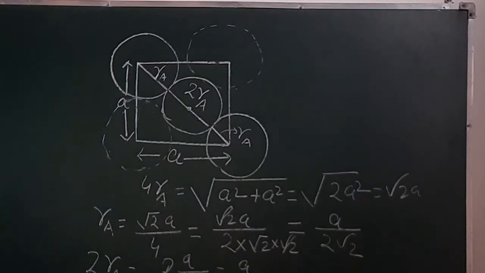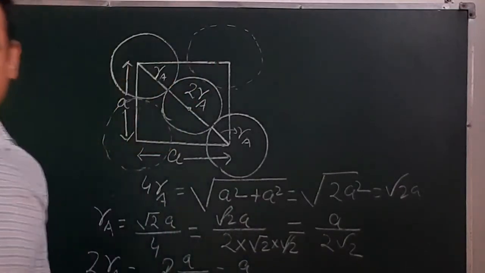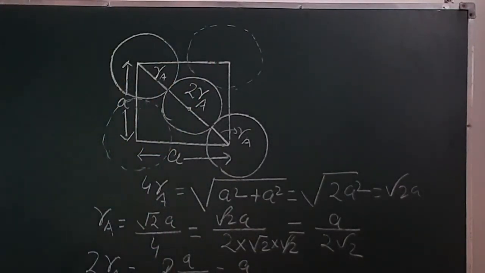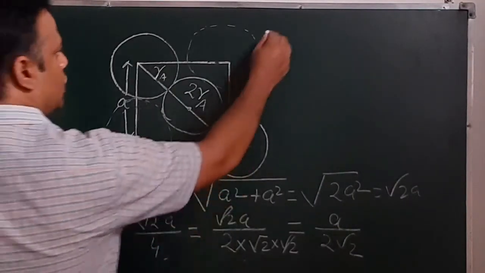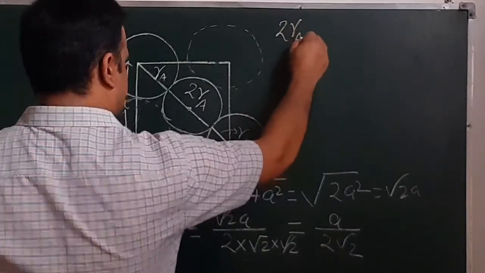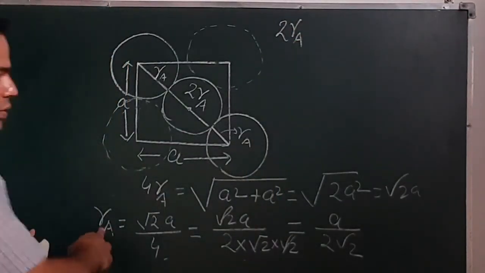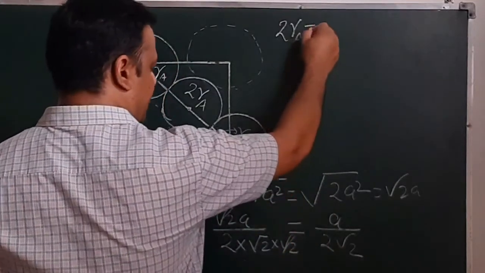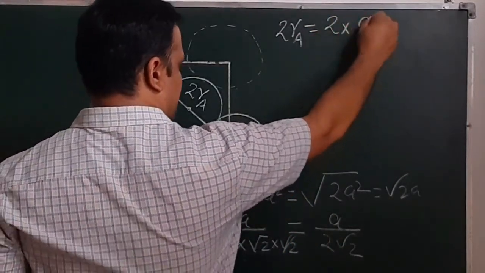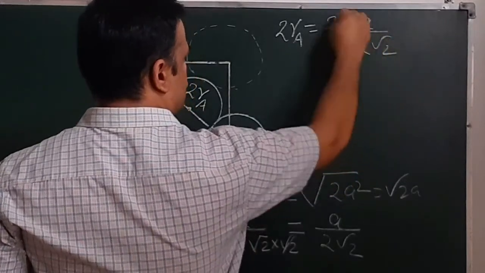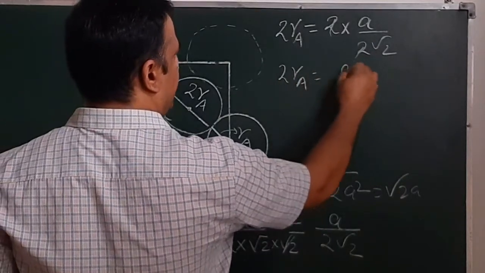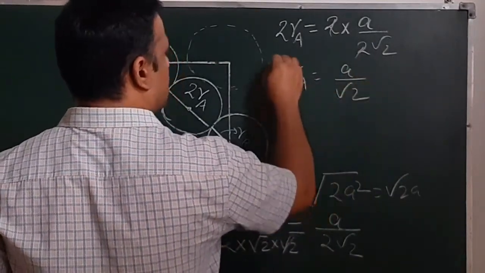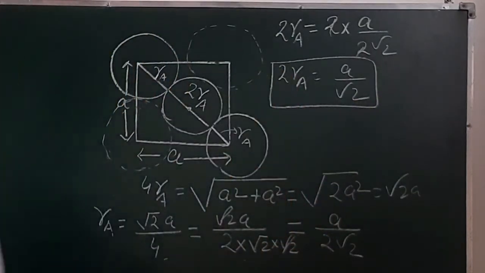So if we write 2RA, then from this relationship RA is equal to A by 2 root 2, so 2RA will be equal to 2 into A by 2 root 2. This 2 will cancel out. So 2RA will be equal to A by root 2. So now we have this relationship, the 2RA value.